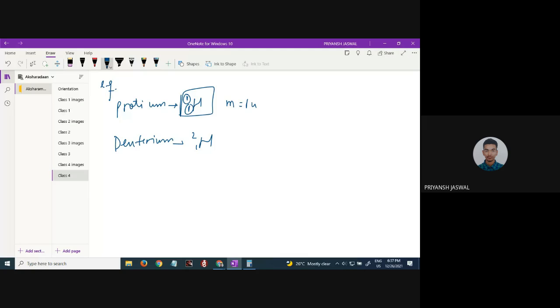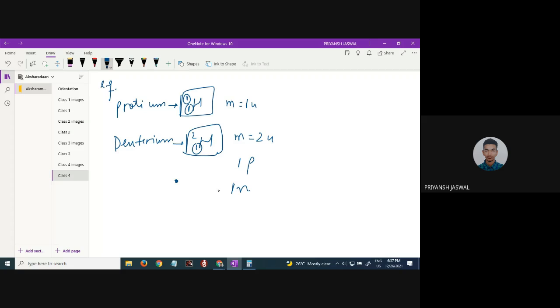Its mass is 2 u, but still there is one proton inside it, and the other mass, that is 1, comes from one neutron also present inside the nucleus. So it will be one proton and one neutron inside the nucleus. Then there is one electron. For protium, there will only be one proton and one electron.